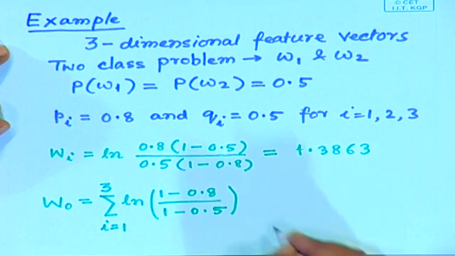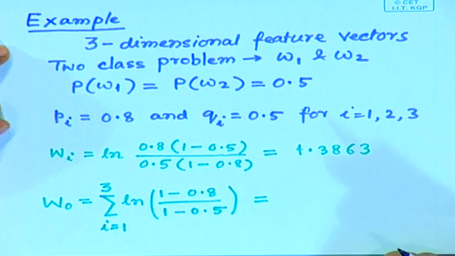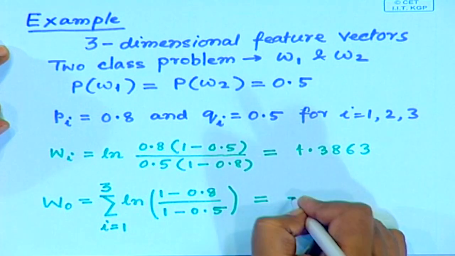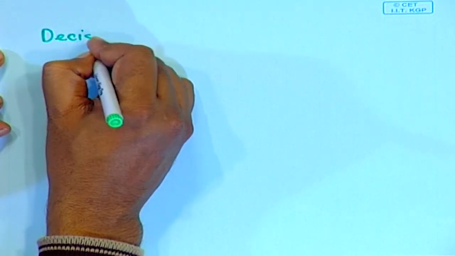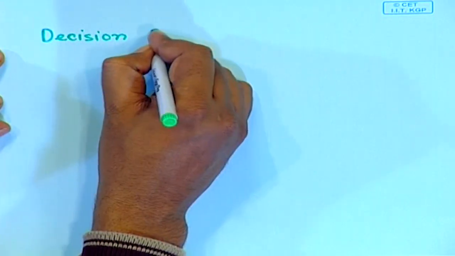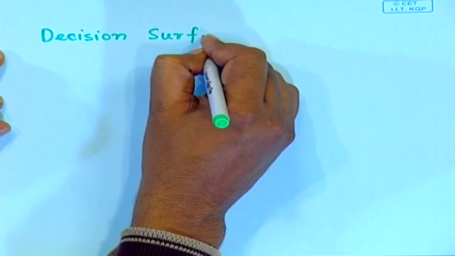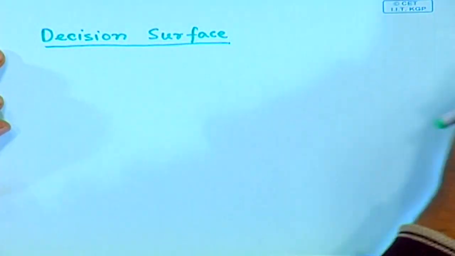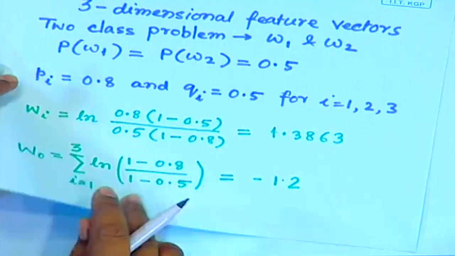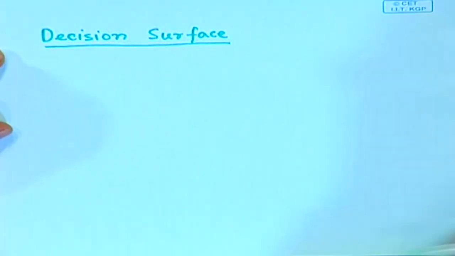And you will find that this value will be something like this. So given this, the decision surface between the classes omega 1 and omega 2, you verify these values, whether we are truly getting these values or not.